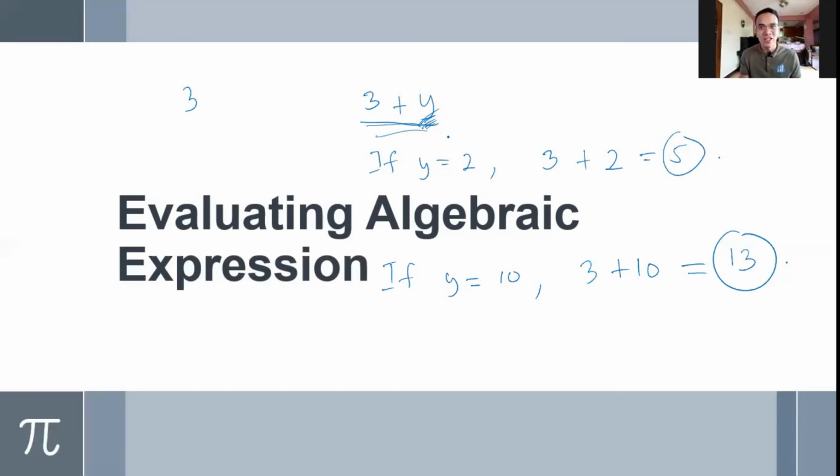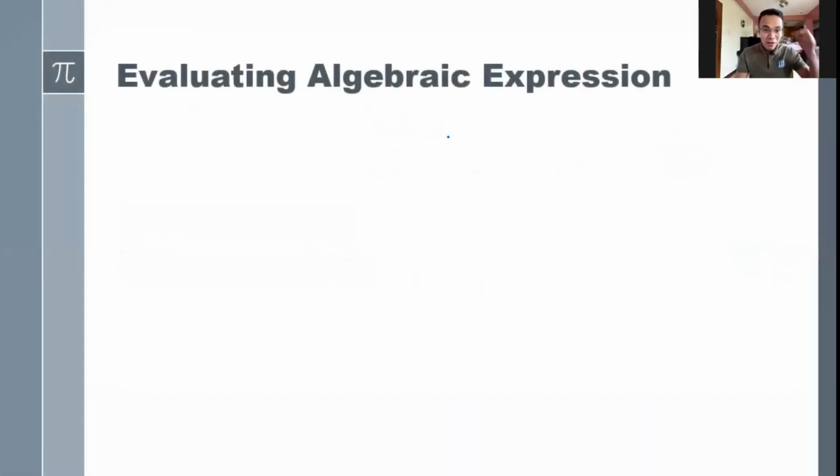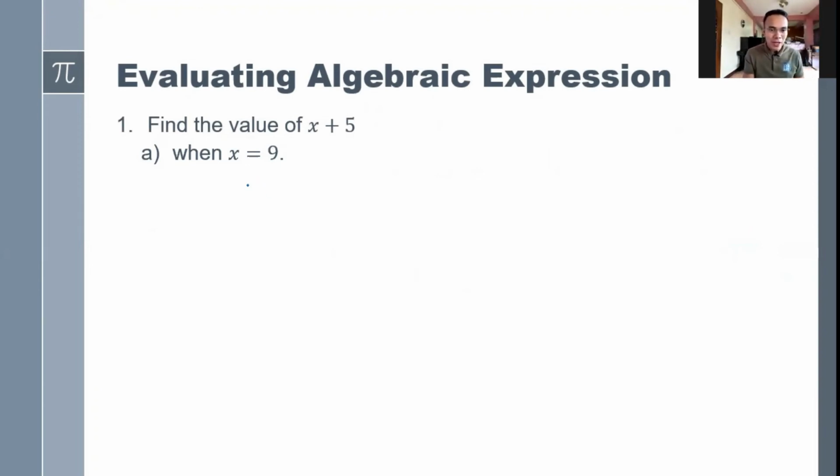It depends on the person. So let's have some examples here. Number one, find the value of x plus 5. Right now, it's hard for us to find its value because there's no given value for x. When x is 9, we have here 9 plus 5, we get 14.